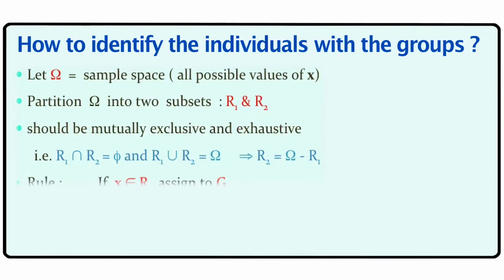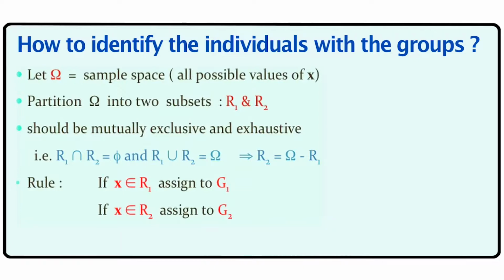That is, R1 intersection R2 is phi and R1 union R2 is omega, which really means R2 is omega minus R1. What does this mean? Mutually exclusive means that an individual can either belong to R1 or to R2, but not to both. And exhaustive means that the individual must belong to one of the two groups, R1 or R2.